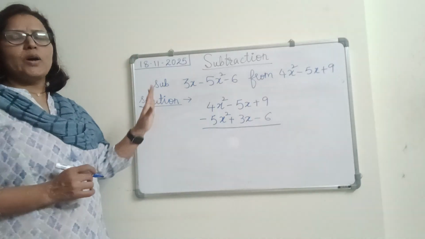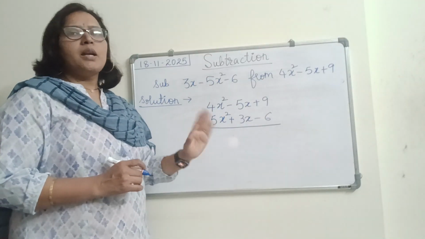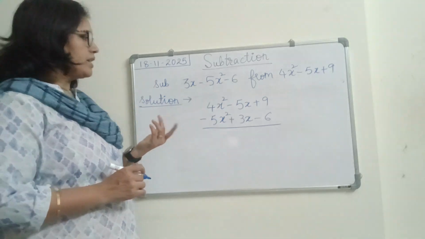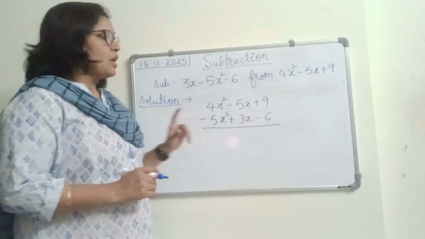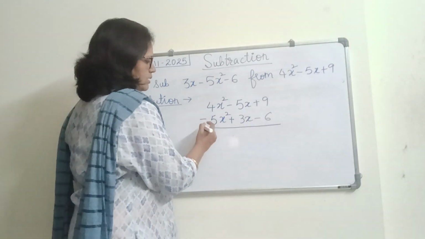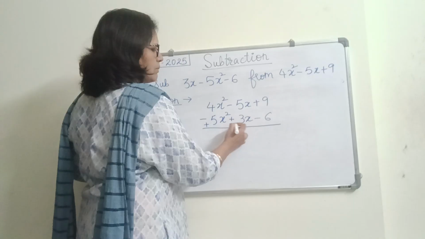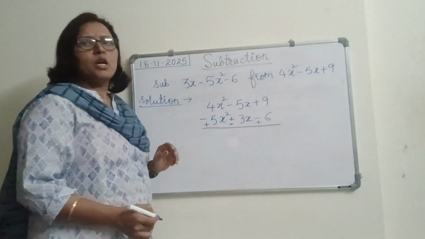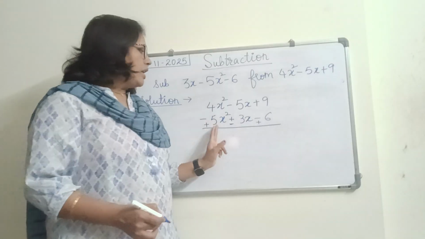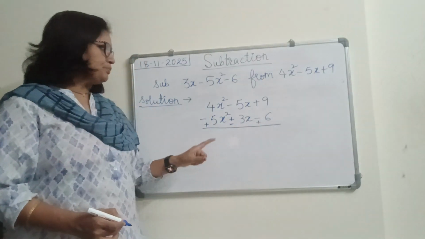So you have done the arrangement of the numbers in the column format. Now the next step is to change the sign of each term. Here it is minus, so this becomes a plus. This is plus, this becomes a minus, and this is minus, this becomes a plus. Each and every term you change the sign, because we are doing the subtraction.